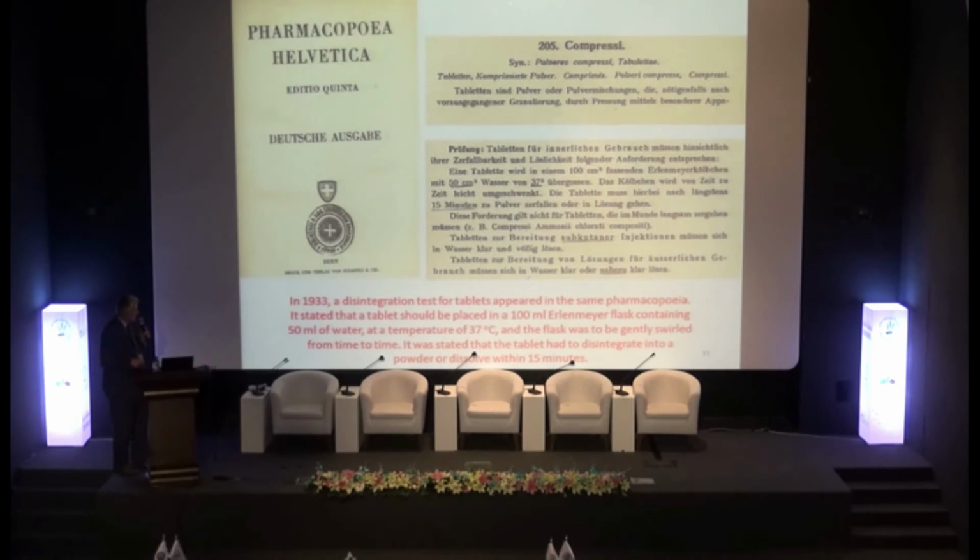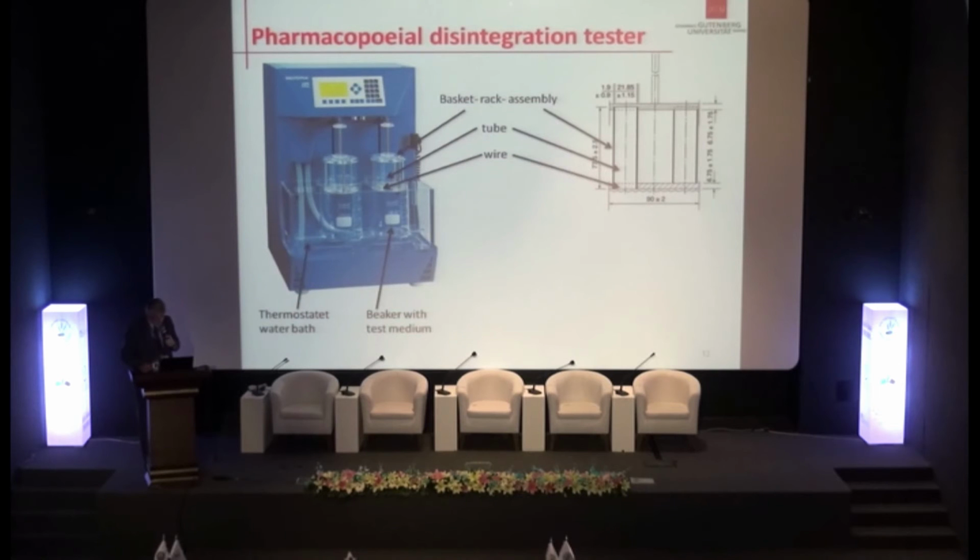They say that you should take a 100 milliliter Erlenmeyer flask, add 50 mL of water, warm it to 37 degrees, and the tablet should disintegrate to a powder within 15 minutes. That was the initial start, before any dissolution test was run.